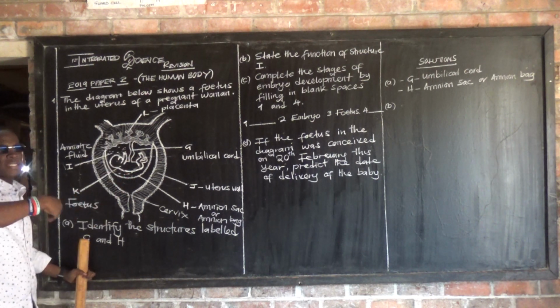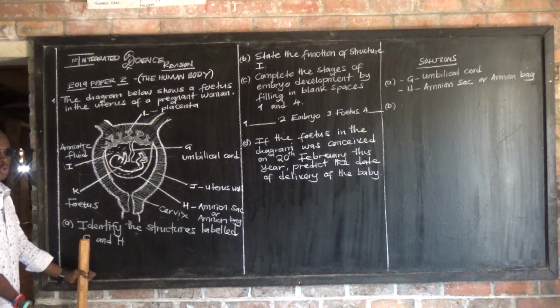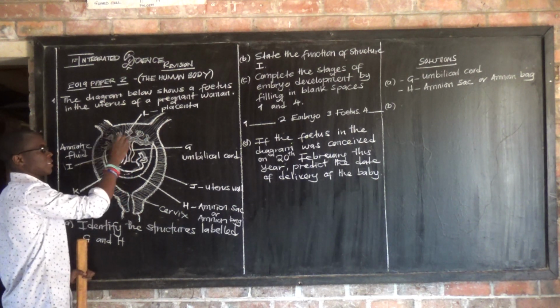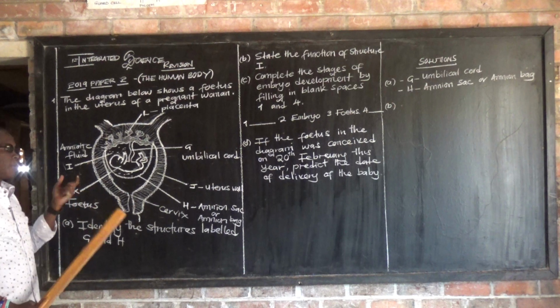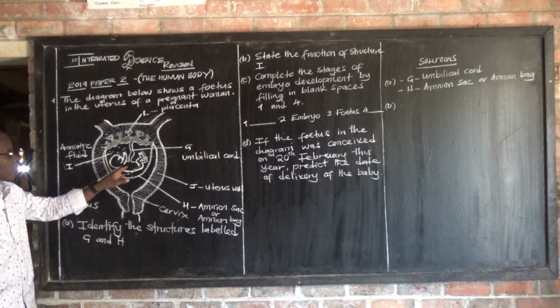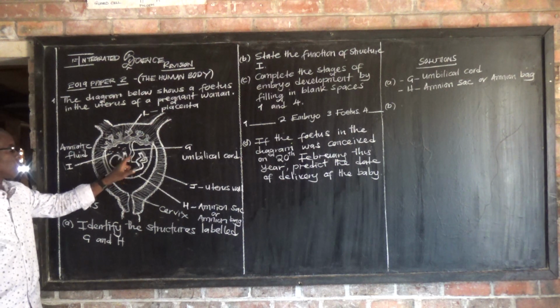So as the fetus excretes waste products, those waste products pass through the umbilical cord as they go to the placenta. So the function of the umbilical cord is just the passage of waste products such as carbon dioxide from the fetus to the placenta.